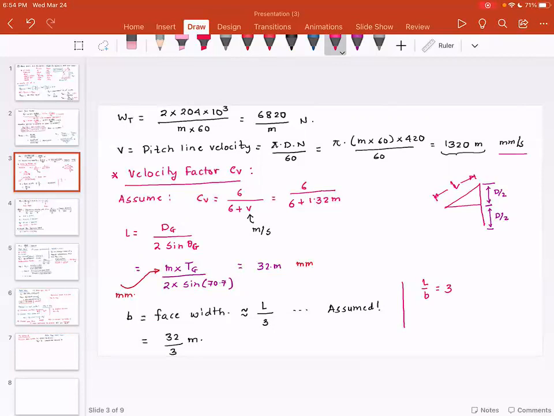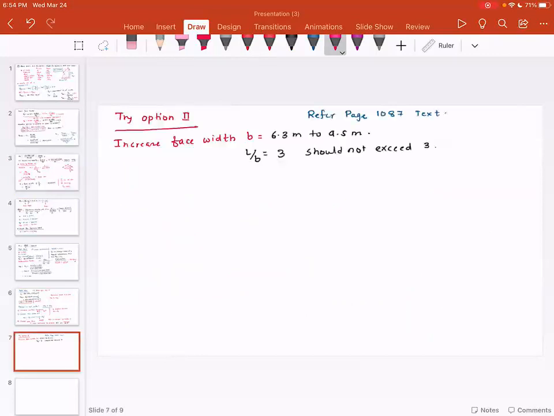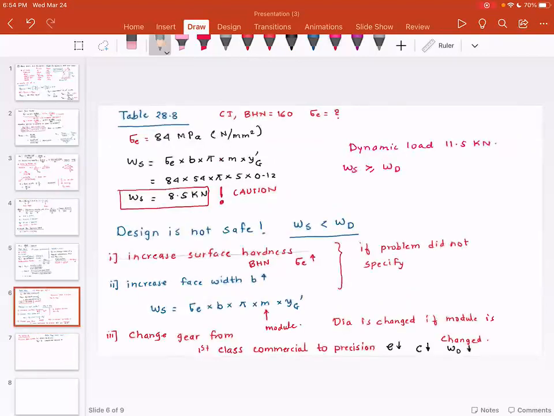So we are at the limiting L by B ratio. Since we are at 3, unfortunately we cannot try option 2.